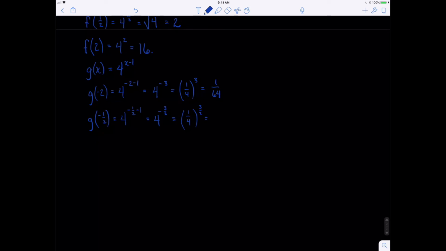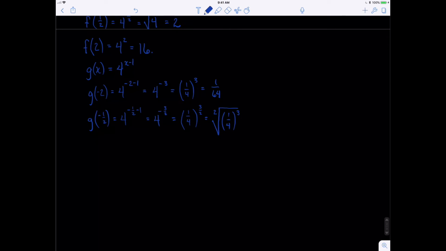But this says you could do it either way. You could cube it and then take the square root, or you can take the square root and then cube it. If you do that, let's take a look at it. You take the square root, so we don't write the 2 usually, but you can just for clarity. It's the square root of 1/4 cubed.